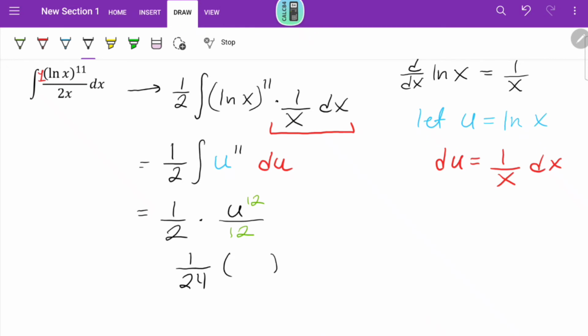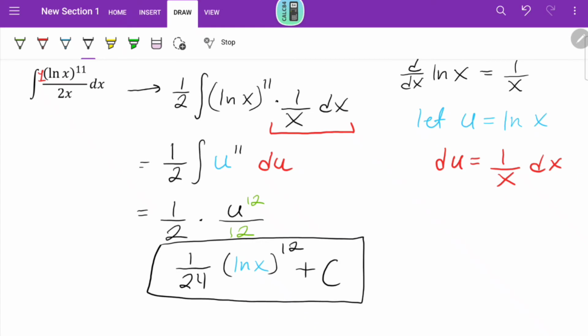Remember, u is the natural log of x. So natural log of x raised to the 12th power, and then plus c. And if you're asking where the 24 came from, 2 times 12 is 24.